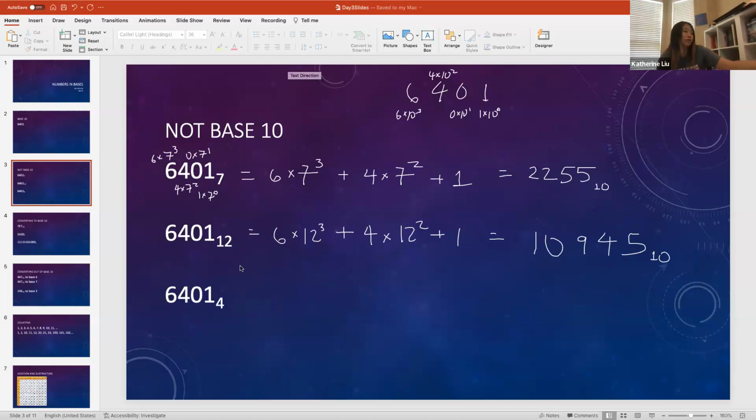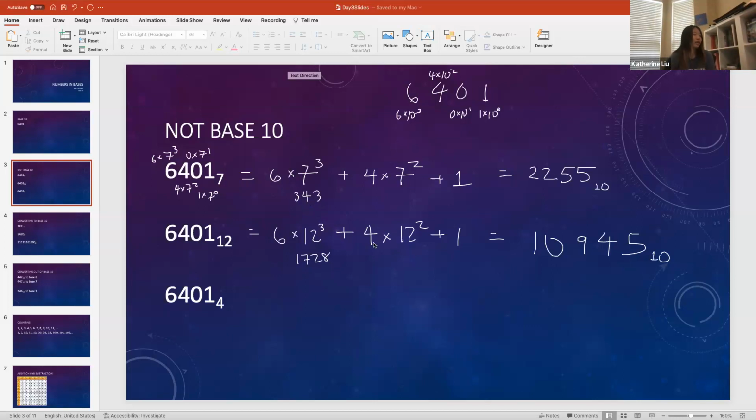And the reason why 6,401 base 12 is so much greater is because each place value has a lot more weight than it did when it was 7, right? Because now we're doing times 12 cubed instead of times 7 cubed. And 12 cubed is 1728, while 7 cubed is just 343. So it's like 5 times bigger.